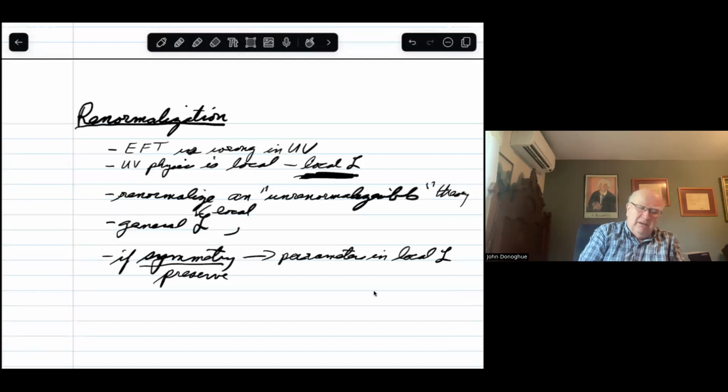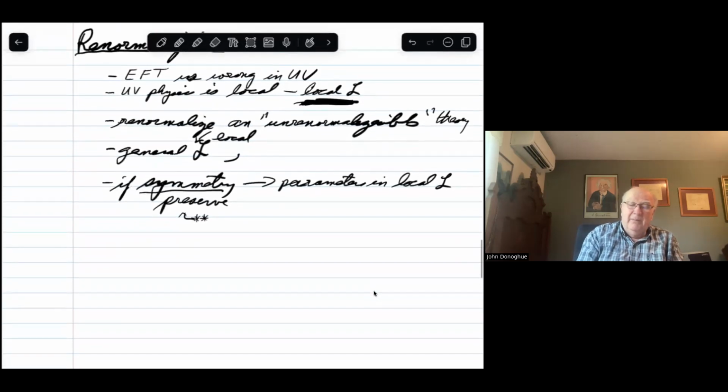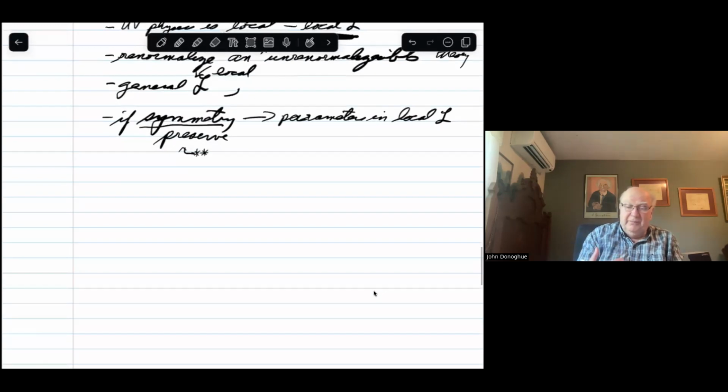We also would like to be guaranteed that all reactions get renormalized the same way. In a way, that's part of the same game as preserving the symmetry, because there's only a small number of terms that you can put in your local Lagrangian. They're constrained by the symmetry.